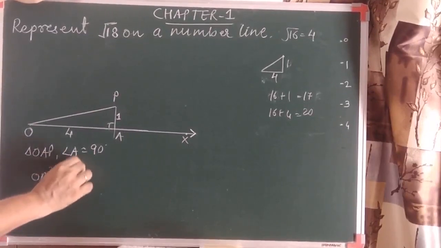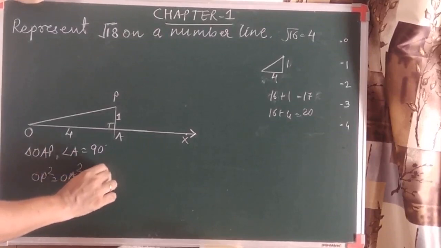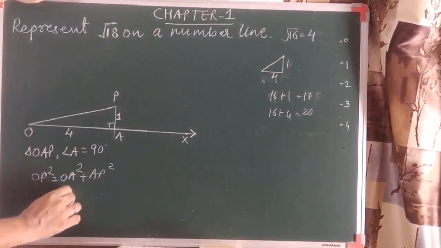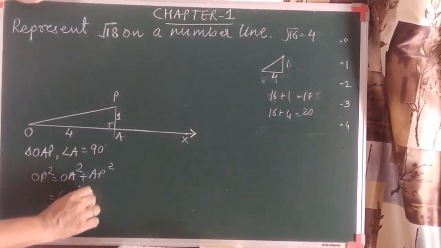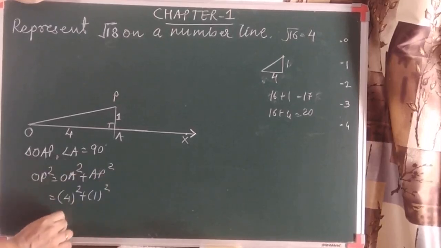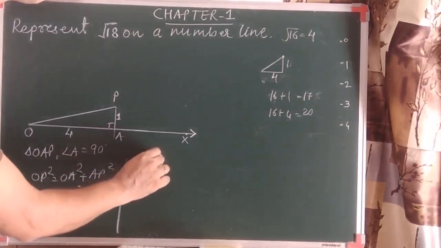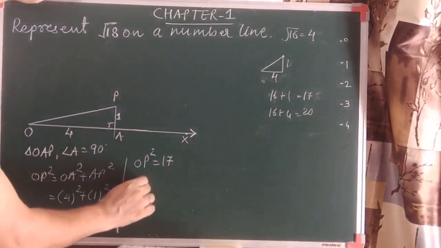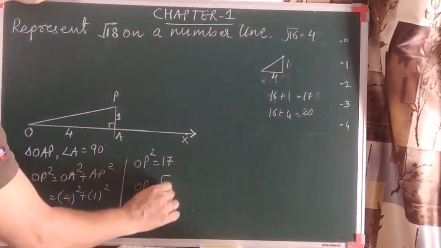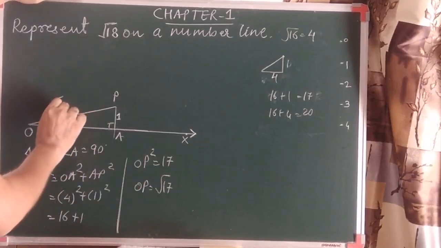So OP square is OA square plus AP square. OA is 4 and this is 1. Square of 4 is 16 and this is 1. So we can say that OP square is equal to 17. So OP is equal to root 17. So this value is root 17.